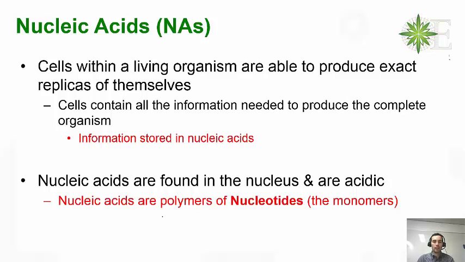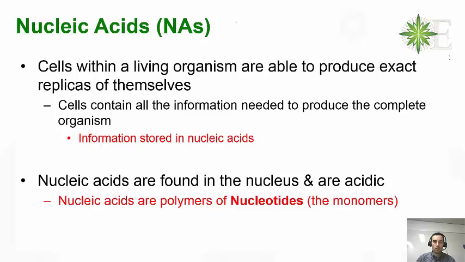We'll see that our DNA, or nucleic acids, are actually polymers of what we call nucleotides. These are our monomers. Just like we saw in our carbohydrates lectures, where we had the monosaccharides being the monomers, and then we're building up to make the polysaccharides, this time our monomers are our nucleotides, and we're building those up to make our nucleic acids.